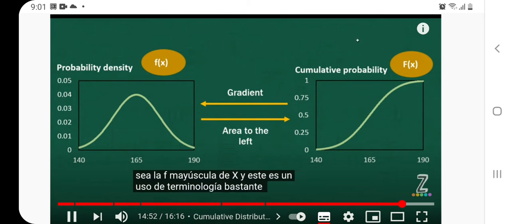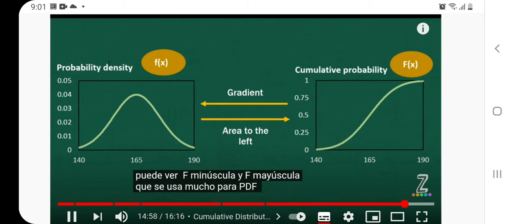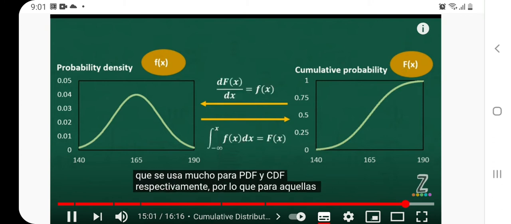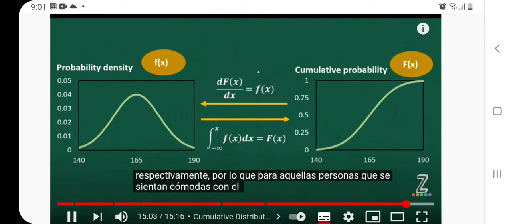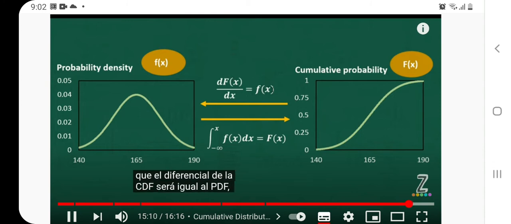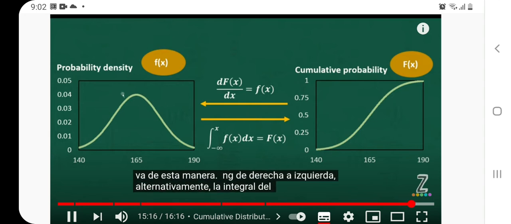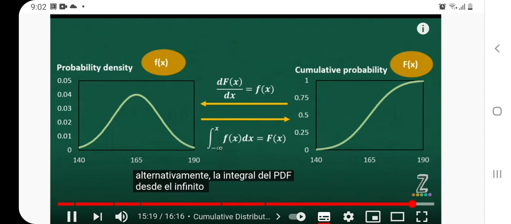This is quite common terminology, so you might see lowercase f's and uppercase f's used quite a lot for PDF and CDF respectively. So for those comfortable with calculus, you can see that the differential of the CDF is equal to the PDF. So that's going this way, from right to left. Alternatively, the integral of the PDF from negative infinity to x becomes the CDF.